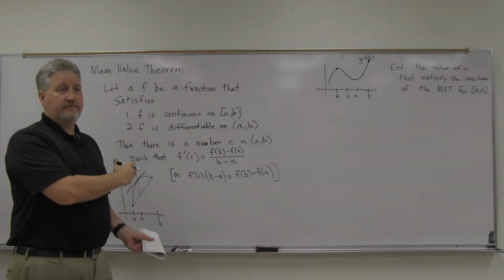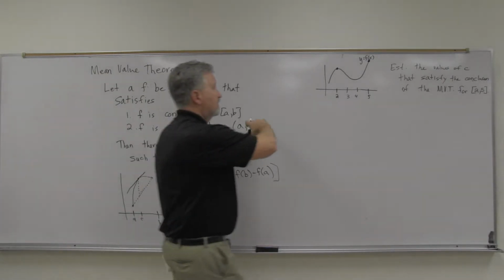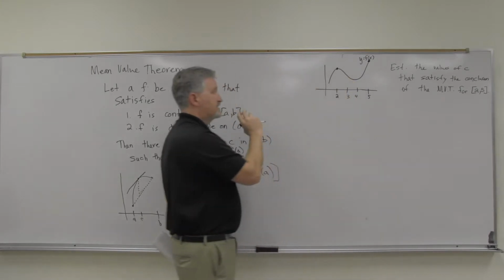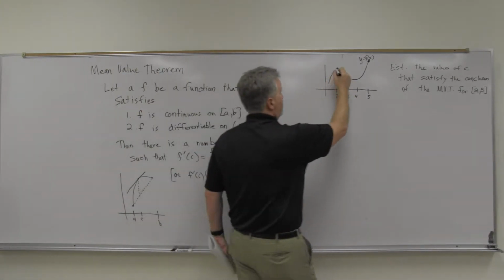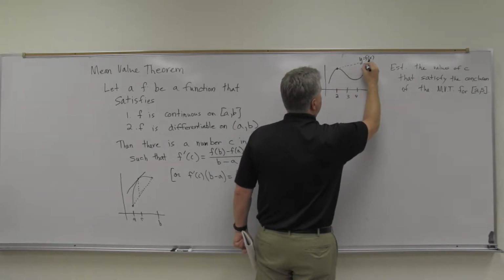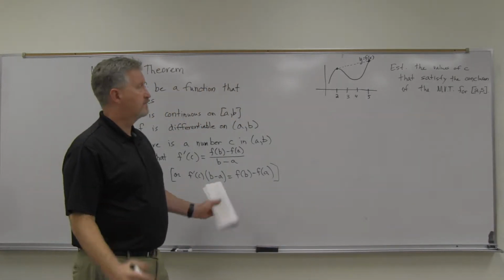Just like we did on my previous graph, what I want to do is think about the conclusion, which says I need a c value that matches this slope. What's the slope on this one? I've got this line that goes through those two endpoints, 2 to 5.